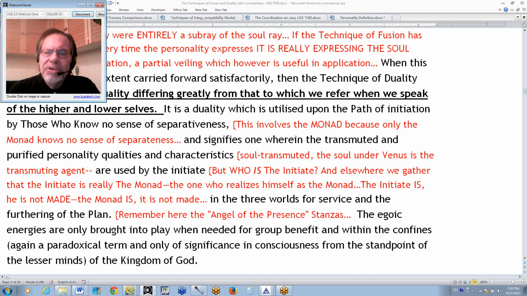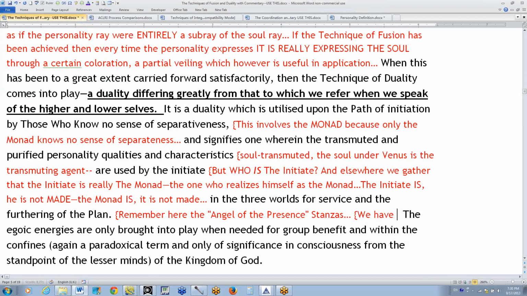And there is a sense too, DK discusses in Raised Initiation how the monad focuses upon the personality and creates a burning ground, like the focus of sunlight through a burning glass, through a magnifying glass. So the monad can be involved also in purifying the personality.